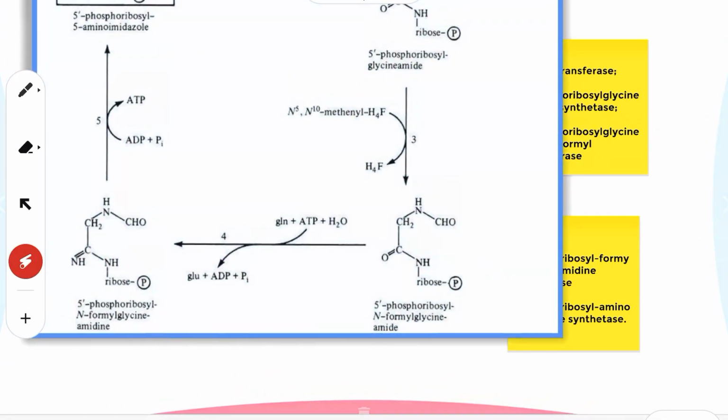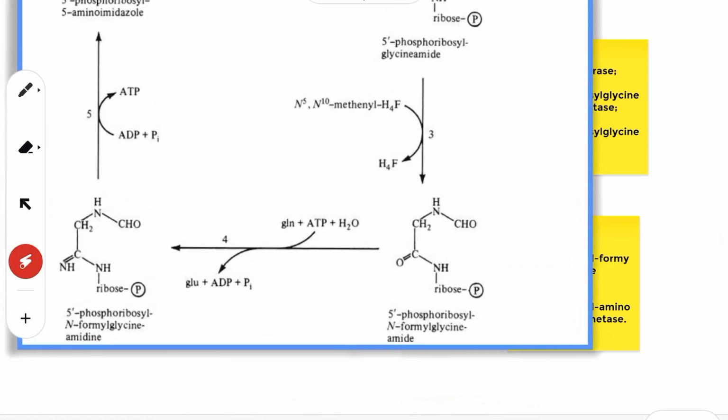Then this molecule reacts with the donor of nitrogen, that is N9, and it is glutamine. So glutamine, in the presence of ATP and H2O, reacts with 5-phosphoribosyl N-formyl glycinamide, and it donates the amido group to this molecule, forming 5-phosphoribosyl N-formyl glycinamidine.